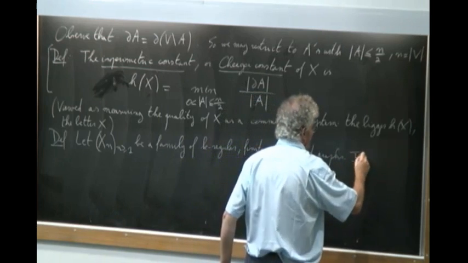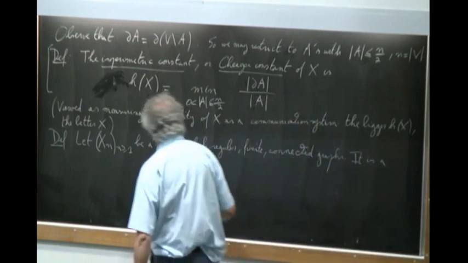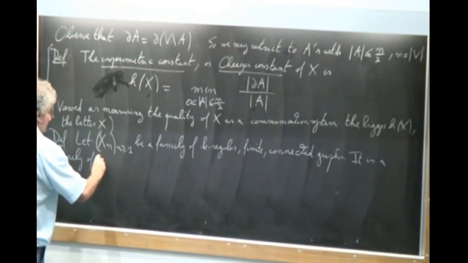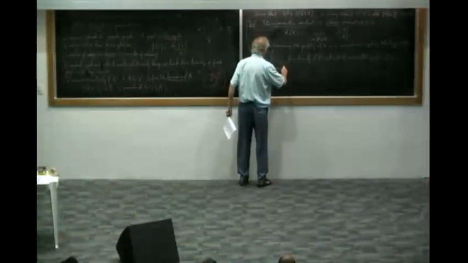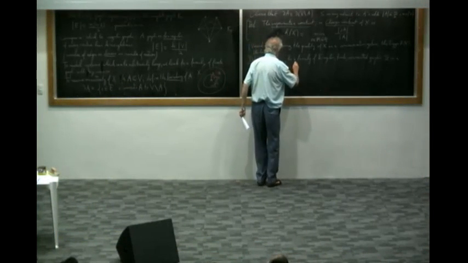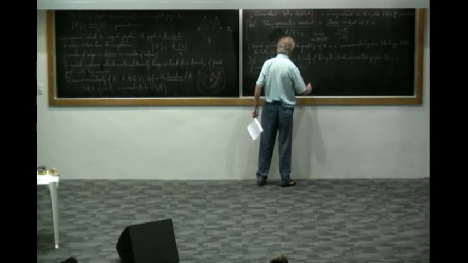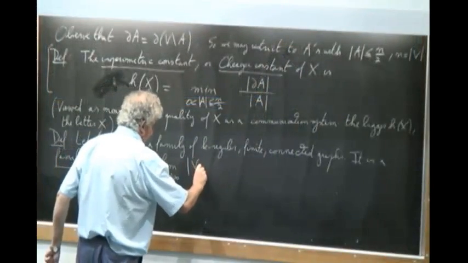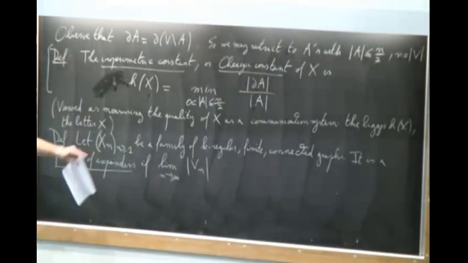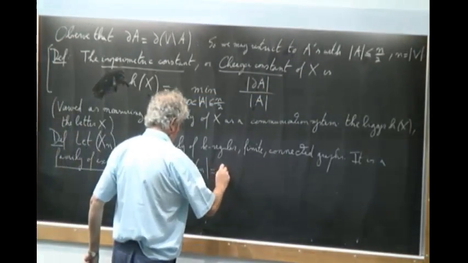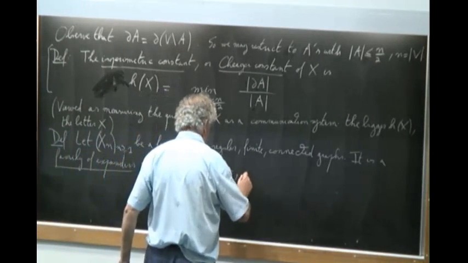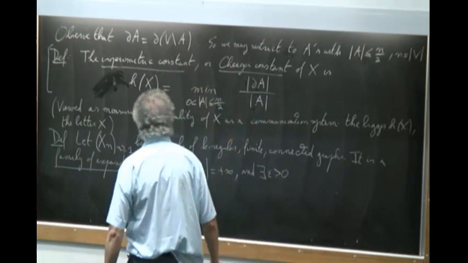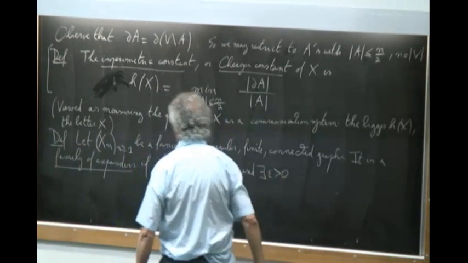It is a family of expanders if, first, these graphs are larger and larger, so this means that the number of their vertices tends to infinity, and the important condition is the following: that the isoperimetric constant is bounded below by a non-zero constant.